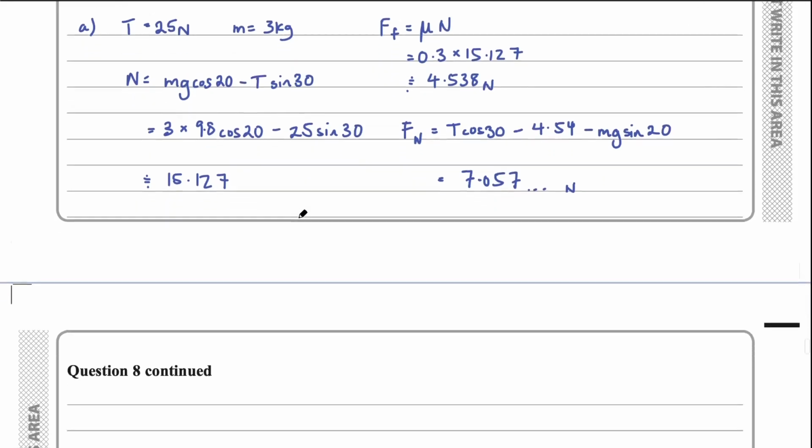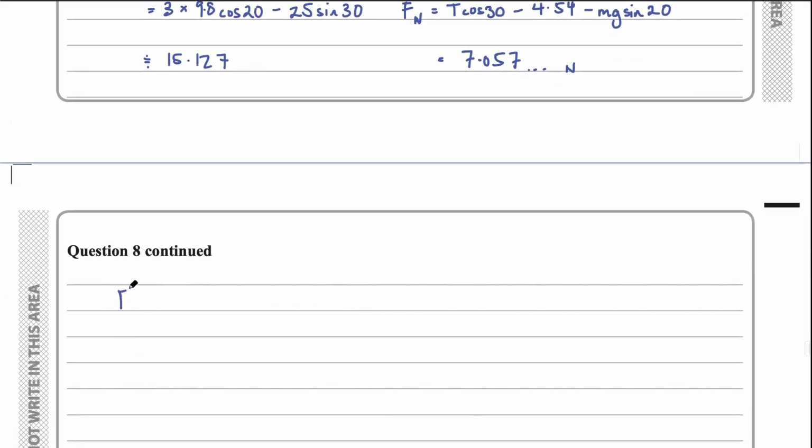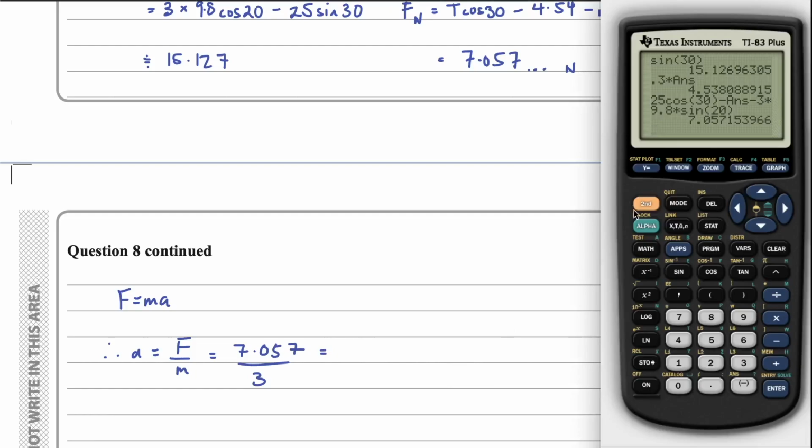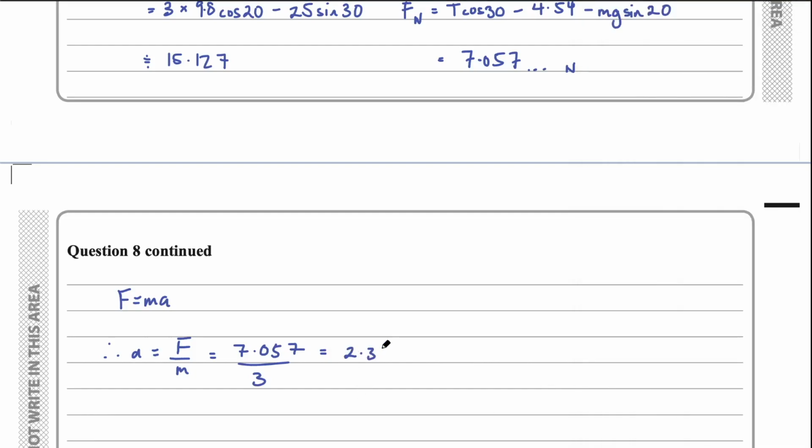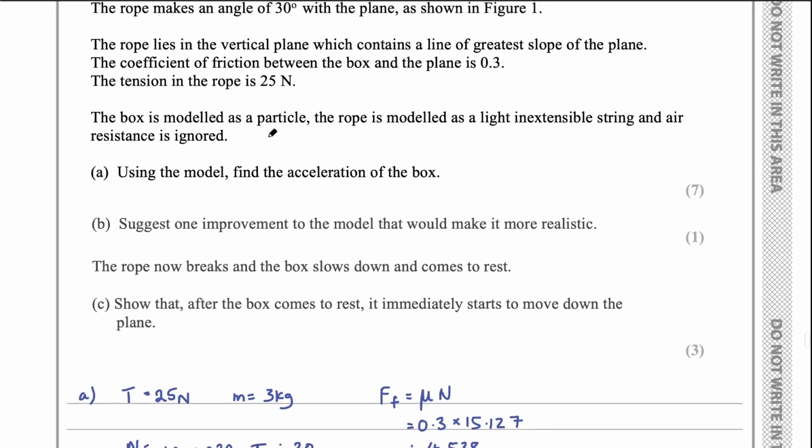We have the mass, so let's just write this down again. F equals ma. Therefore, a will equal F divided by m. And the F is 7.057 divided by the mass, which is 3. Let's put that into a calculator. Let's take that answer, divide it by 3, and we get 2.352, etc. And the question, did it say to round off?